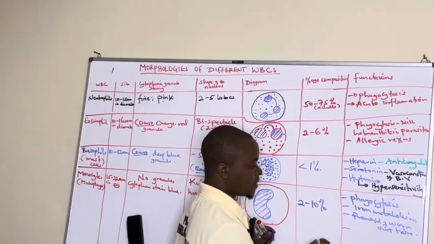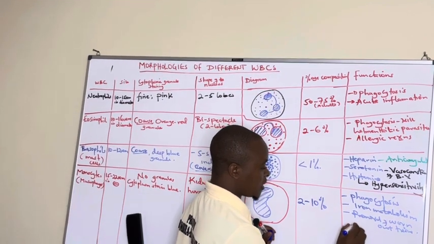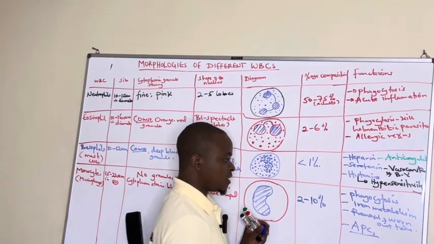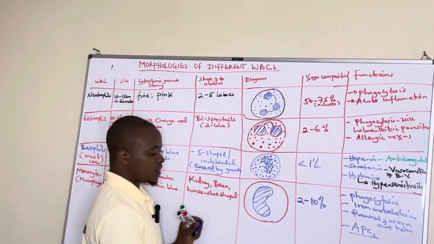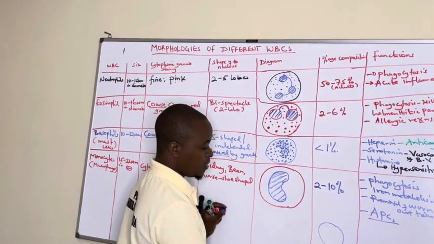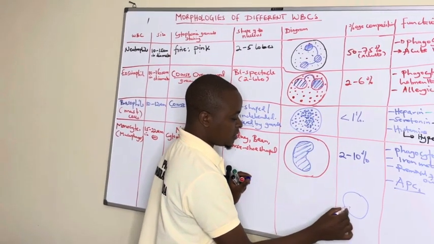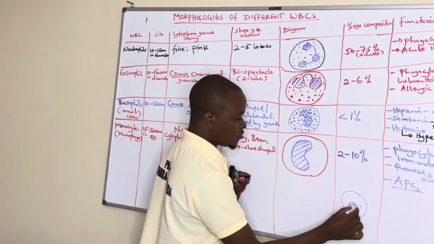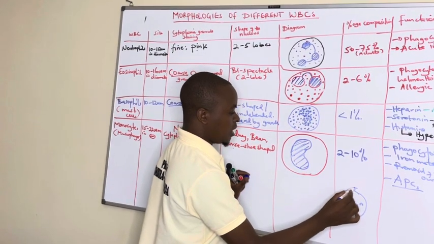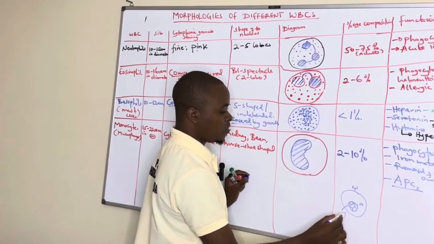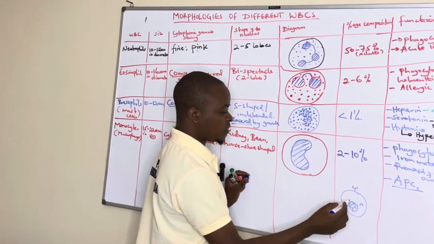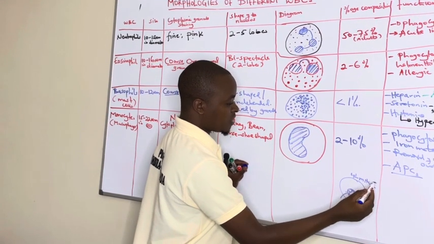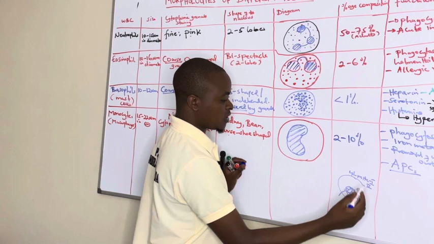And this monocyte acts as an antigen-presenting cell. What do I mean? If this is the cell and bacteria have invaded, it engulfs the bacteria, forms a phagosome to break it into small peptides, and these peptides are presented to the CD4 or T cytotoxic cells by the major histocompatibility complex class 1, if it is a virus or intracellular, or class 2 if it is extracellular.